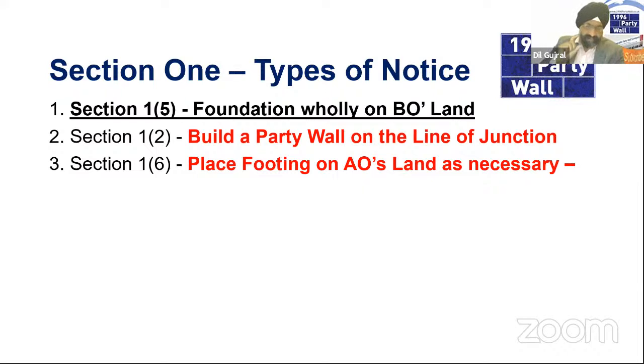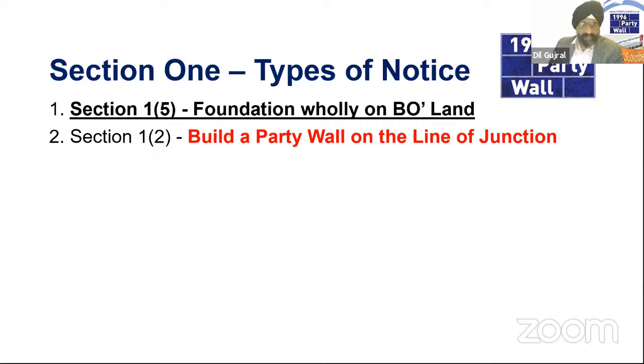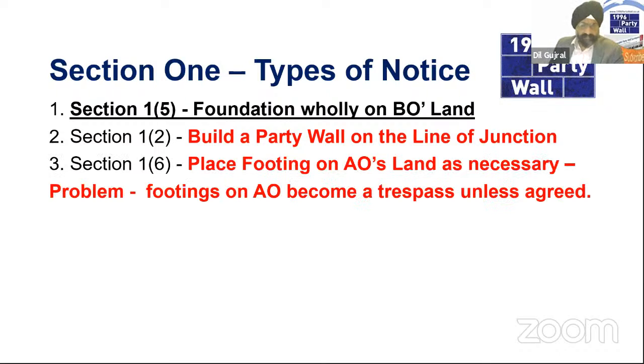And here's something key to understand about laws. They get drafted, they have words in them that come to a particular meaning, and the words get made redundant. "As necessary" is one of those phrases that is now redundant. What do I mean by that? Well, there's a problem. If you place footings on the adjoining owner's land, that's trespass, unless you get it agreed in writing.